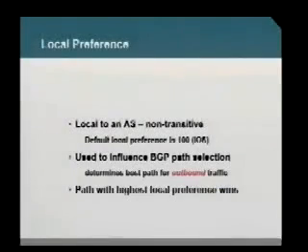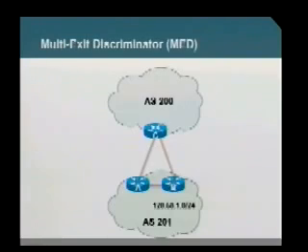Cisco iOS default is 100. Other implementations may use other defaults. So you need to be aware, especially in a multi-vendor environment, what the different defaults are, and even try and set them all the same so you don't get confused. The next attribute is MED, or multi-exit discriminator, or those of us who've been around too long, we still call it metric.